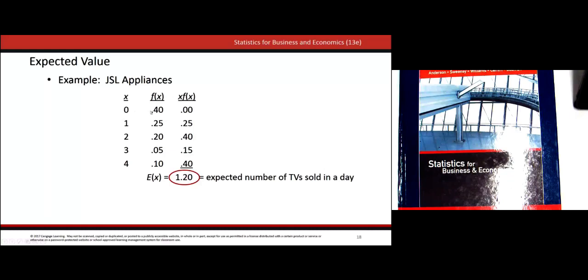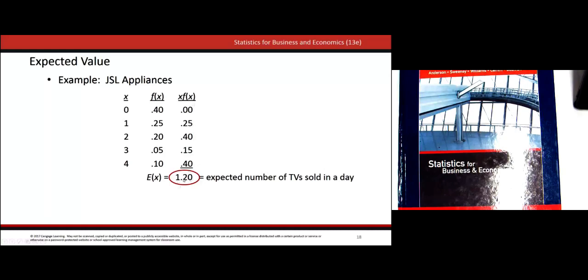Now for the GSL appliances, how do we get the expected value? We multiply x by f of x, so 0 times 0.40, 1 times 0.25, 0.25, 2 times 0.2, 0.4, 3 times 0.05, 0.15, 4 times 0.1, 0.4.